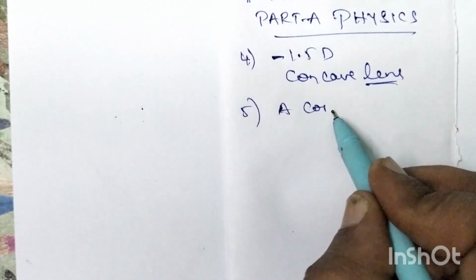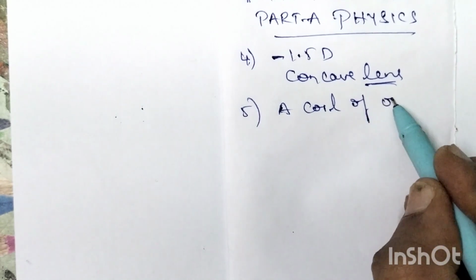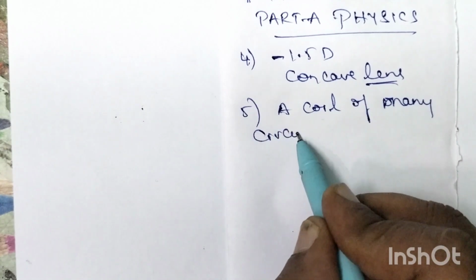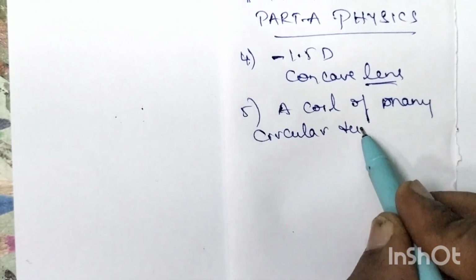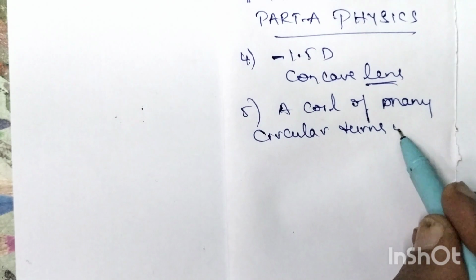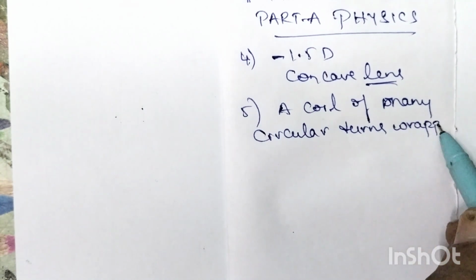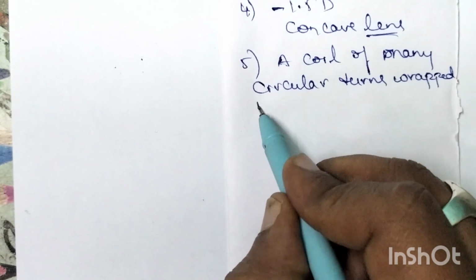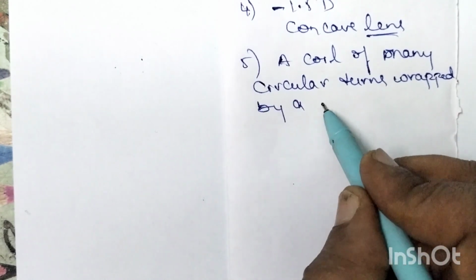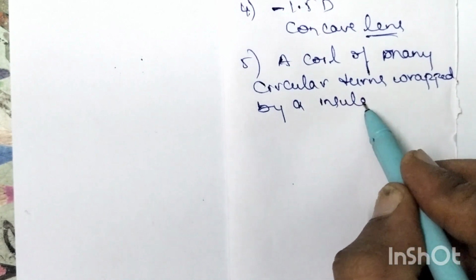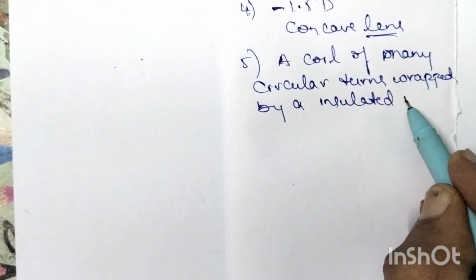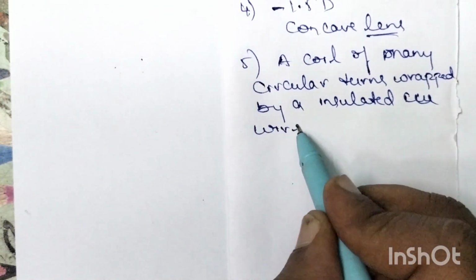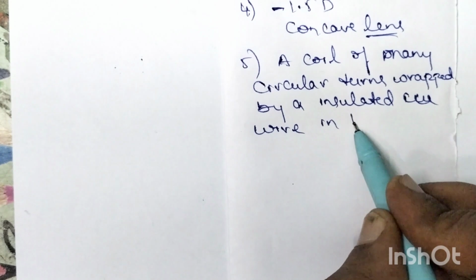A solenoid is a coil of many circular turns wrapped by an insulated copper wire in the shape of a cylinder.